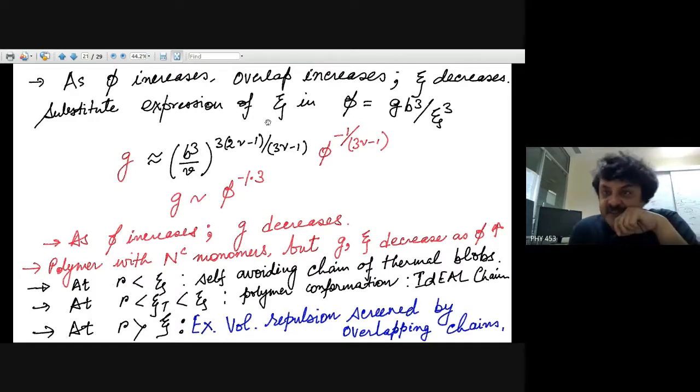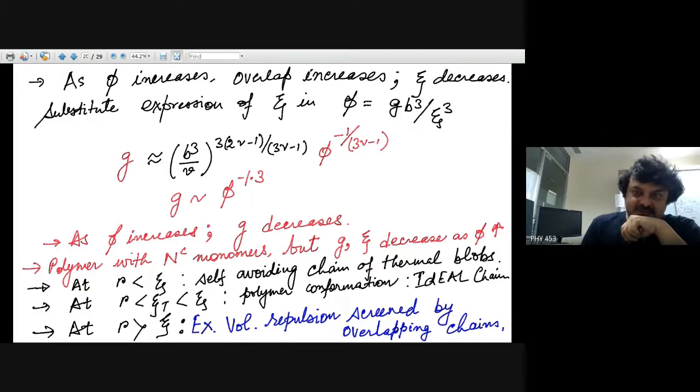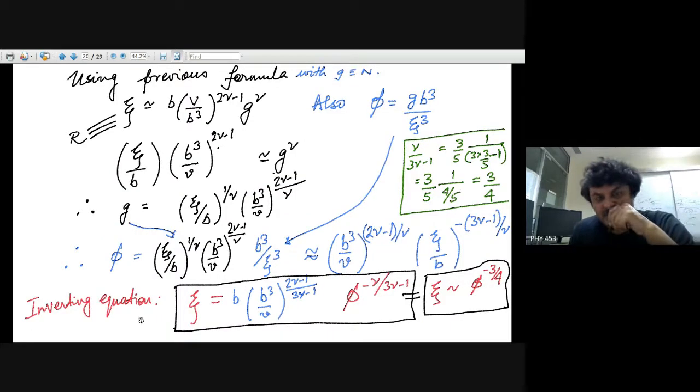Now, if we substitute the expression for zeta in this expression, then you get G as a function of phi, right? Because you have replaced this zeta cube.